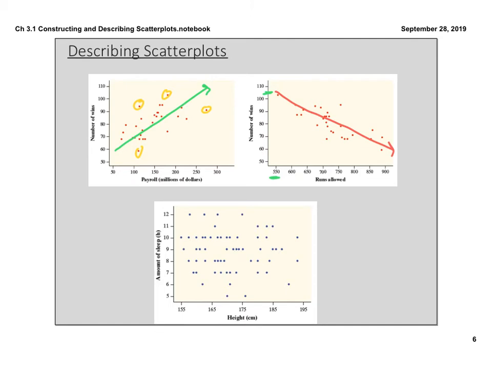Makes sense, right? If they allow a whole lot of runs, they have less wins. That's a negative relationship, okay? It's fairly strong. You would probably have a pretty decent correlation here, which is what we're going to get into for the second half of 3.1. But there are still some departures in the data, so I would use the words fairly strong here.